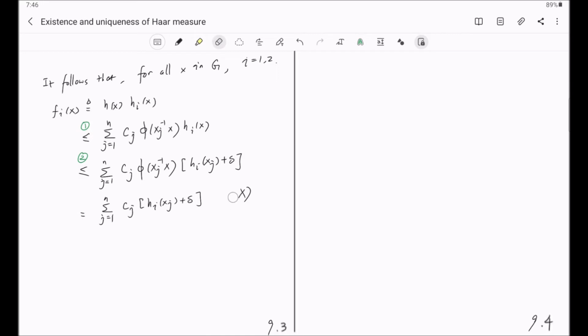Maybe I should rewrite this further as L sub x_j inverse of phi applied to x.